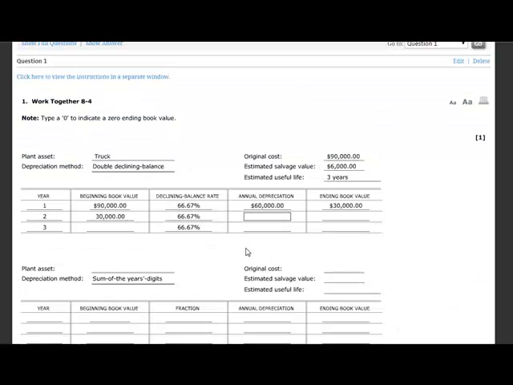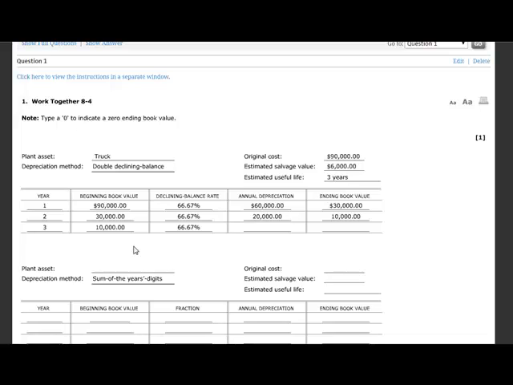And again, they're going to want you to round down based on that repeating decimal. So our annual depreciation of 20 gives us an ending book value of 10, which is what we start year 3 with.